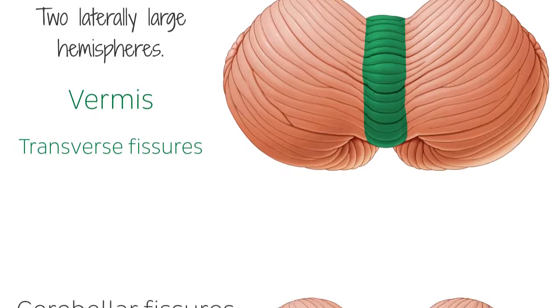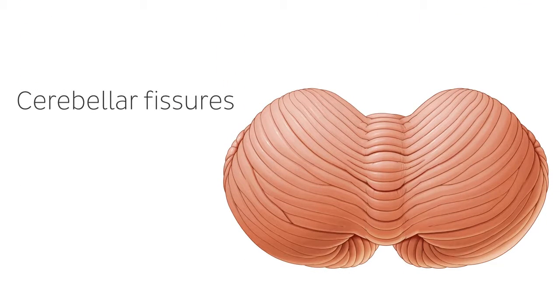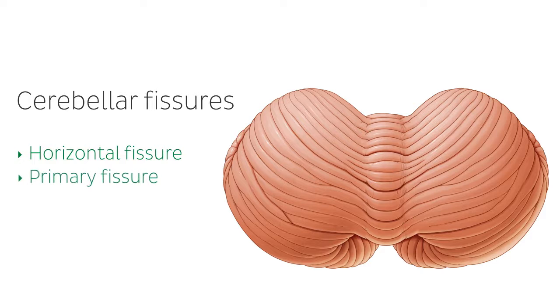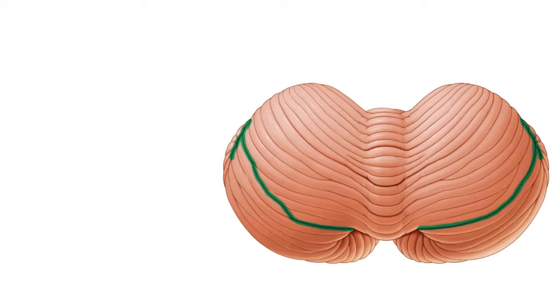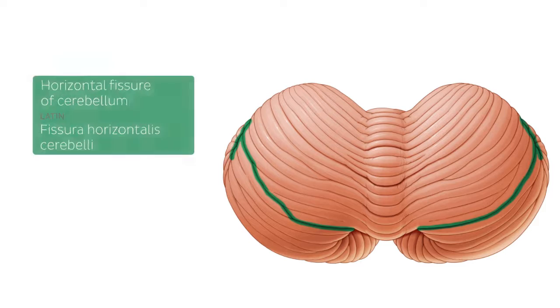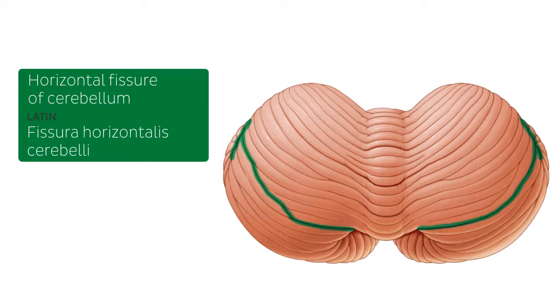But I'd like to list the cerebellar fissures before we talk about them in a bit more detail. These include the horizontal fissure, the primary fissure, and the retrotonsillar fissure. Let's start with the very first one on the list, now highlighted on this image. This is the horizontal fissure of the cerebellum.